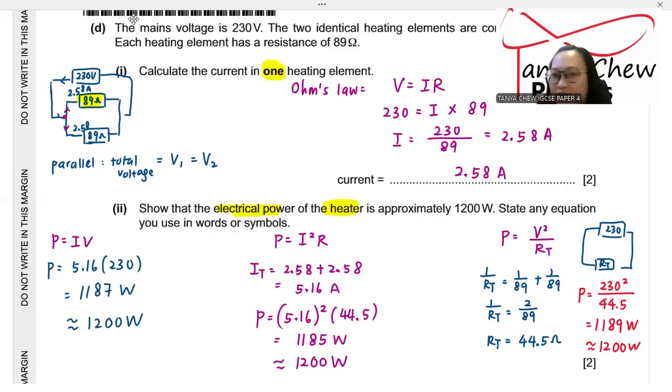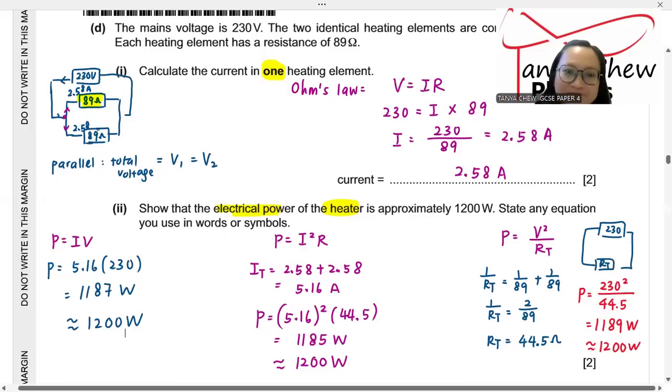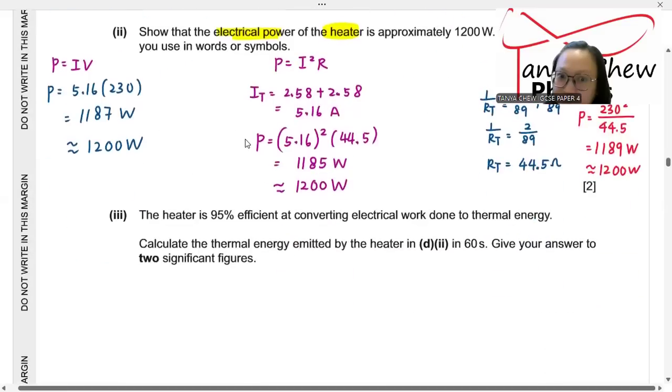So do you see that? Some of the students are confused. They don't know what equation they're supposed to use. Am I supposed to use P equals IV? P equals I squared R? P equals V squared over R? It doesn't matter. Whichever equation you use, it will result in the same answer. I hope this is clarified.